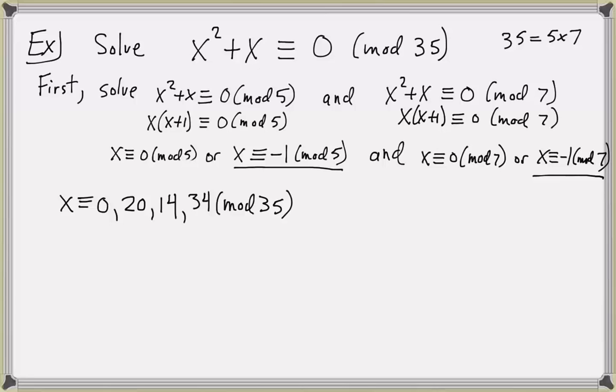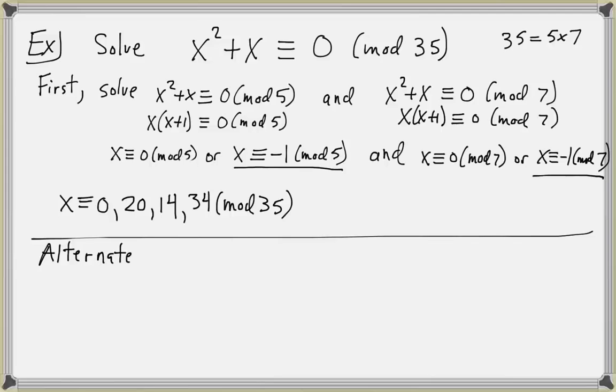Now there's another way you could solve this. If you want to, you could list out all of the residues that are 0 mod 5 in a complete residue class mod 35. So alternately, just since 35 isn't that big, let's look at residues that are 0 mod 5. There's 0, 5, 10, 15, 20, 25, and 30.